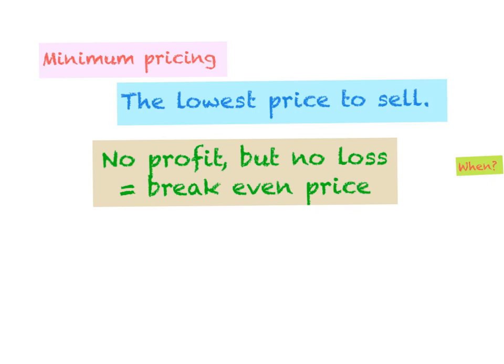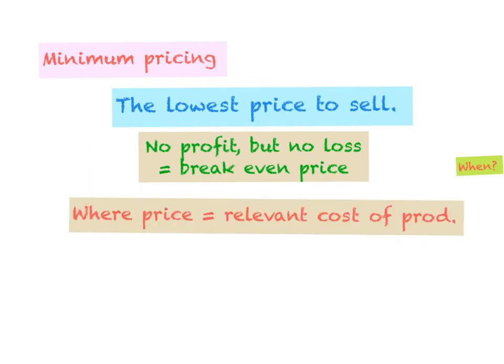So what does it mean? It means that your price here is equal to the relevant cost to produce the product. So when the price is equal to cost, then of course you will get no profit. At the same time, you will incur no losses. So that's why we call it break-even price, which is our minimum price.